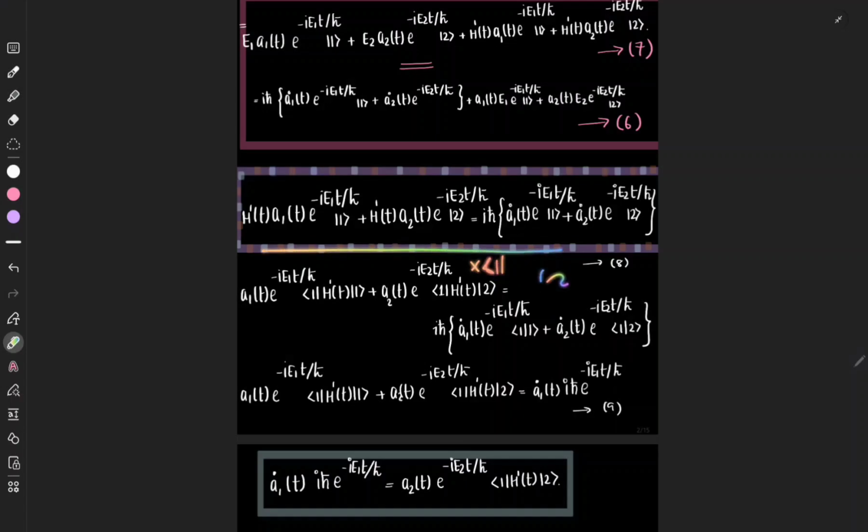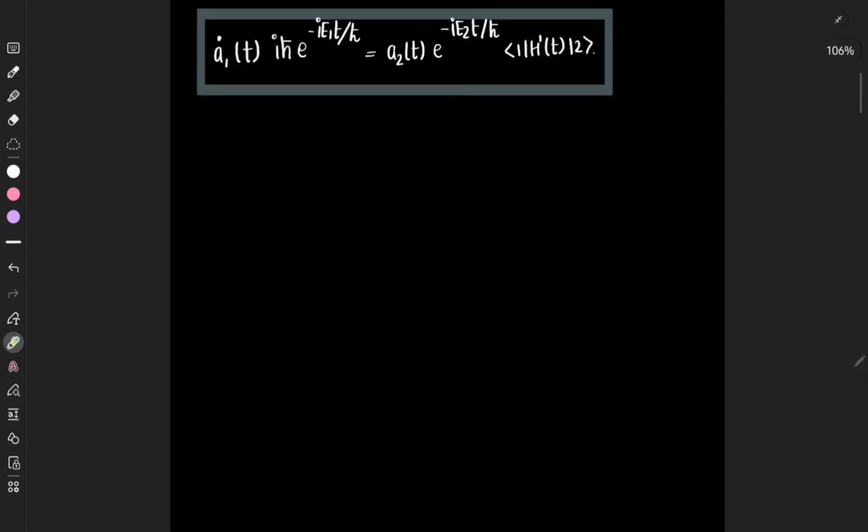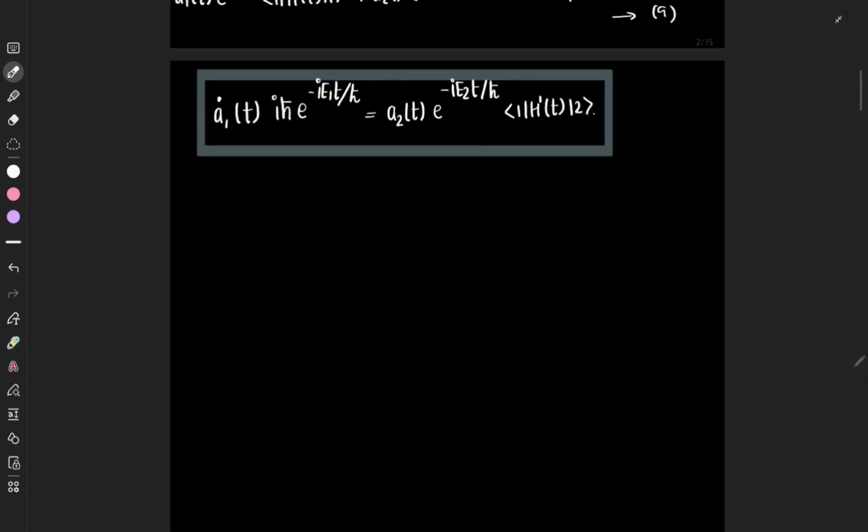Now to this equation 8, you have to multiply with bra of 2 to get A2 dot. Okay, so do the same thing, follow the same steps and I hope you'll get this equation. I'll just write the final formula. Just do it by yourself and cross check.